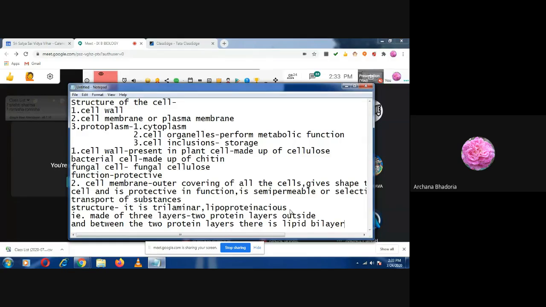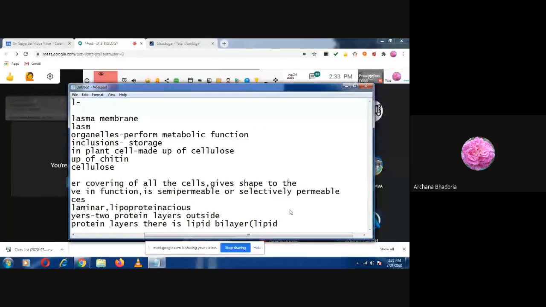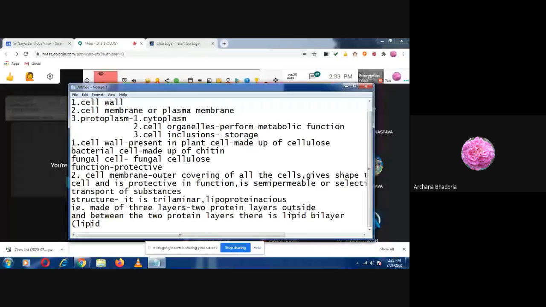In that lipid layer, you can write it in bracket, the fat molecules or lipid molecules are arranged in two layers. Is this very clear why we are calling it as the lipid bilayer, children? Yes, ma'am. Okay.